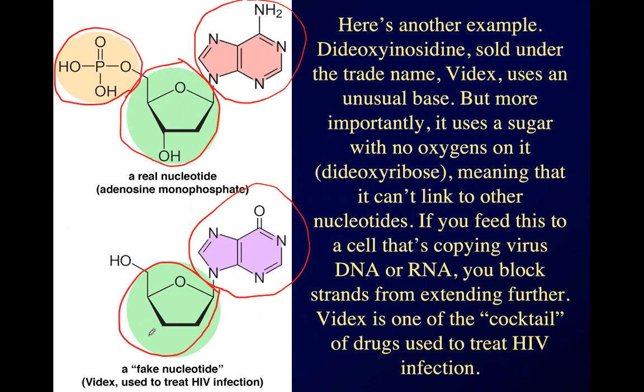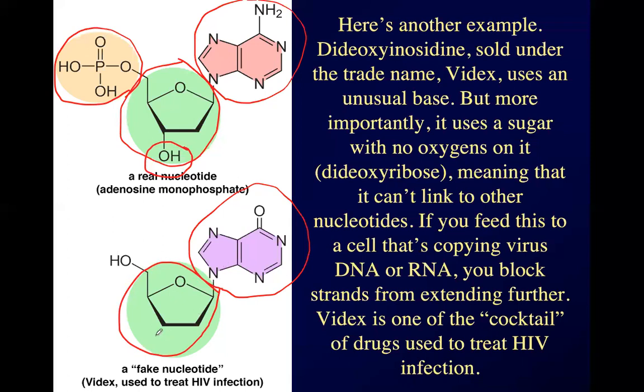So if a cell is having to make a lot of DNA or RNA, and you fill it full of Videx, the cell will try to use these nucleotides, but as soon as it does, transcription or DNA replication stops, because that oxygen right there is what attaches to the phosphate on the next nucleotide.